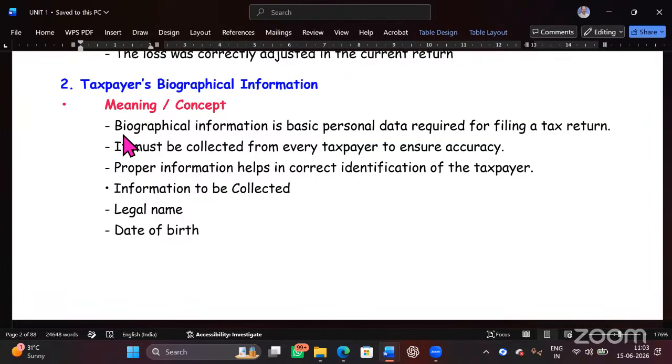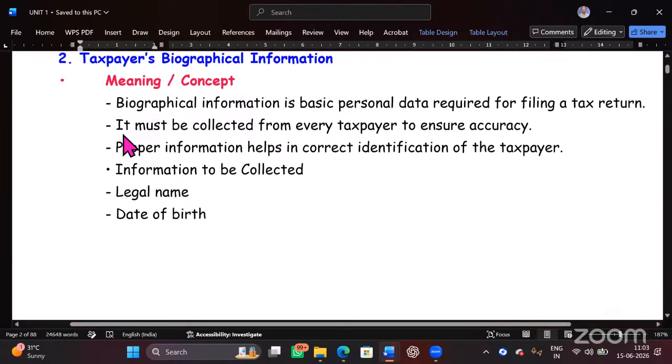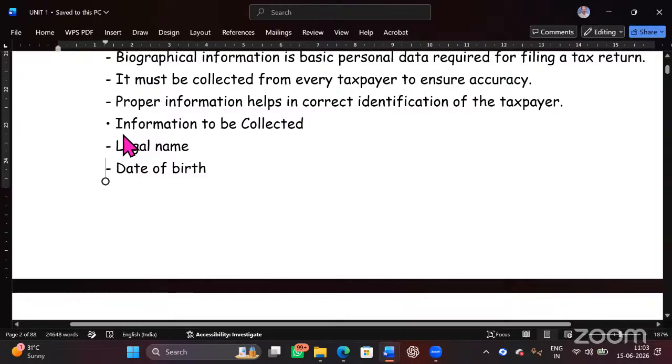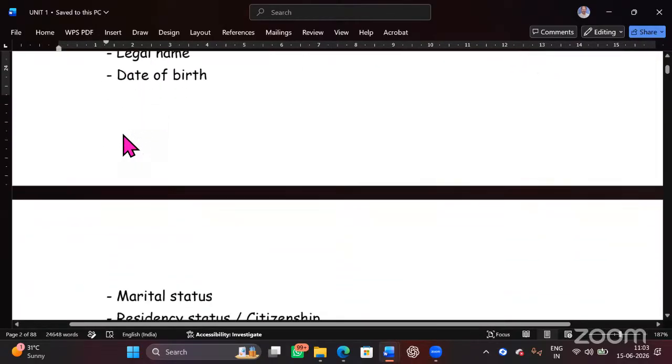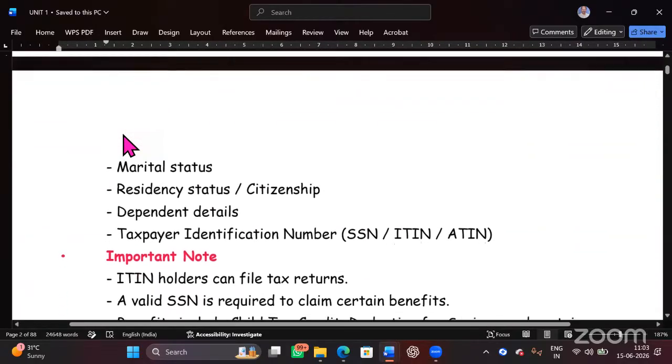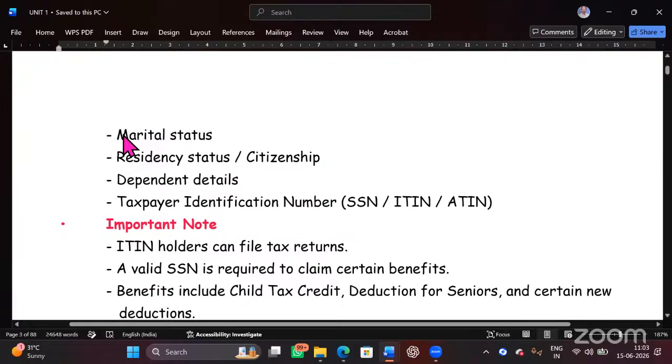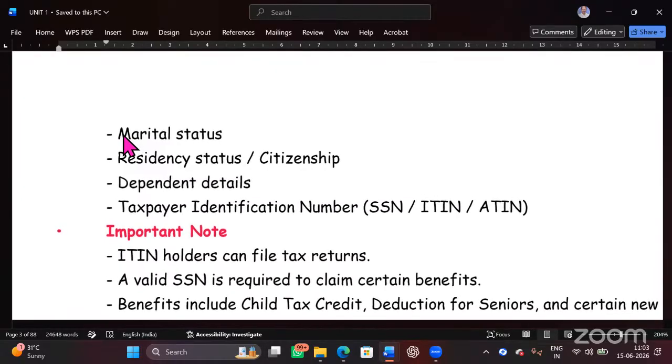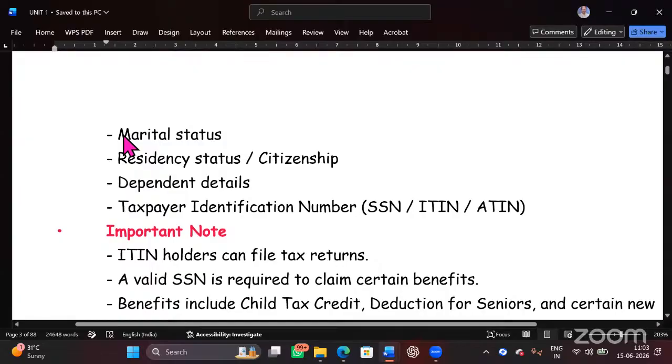This information is to be collected from the taxpayer: legal name, date of birth, marital status, and residency status, whether he is a citizen of the US or a non-citizen, or whether residing in the US or not. Everything will be filled in here, and based on that the tax burden and tax amounts will change.